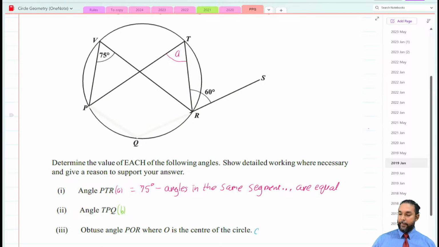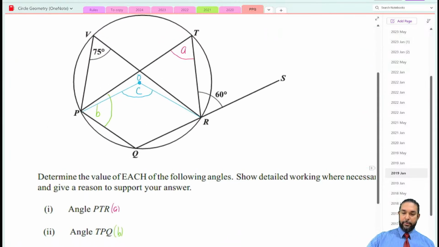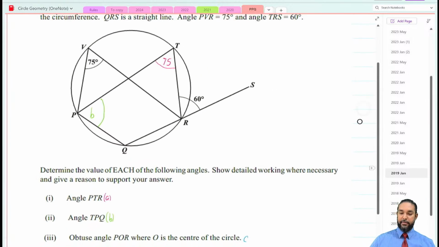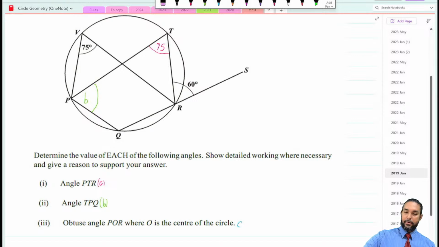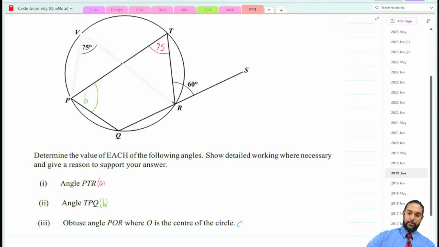Right. Okay. Let's go to the second page here, and we'll scroll. We'll zoom in here. All right. We'll replace this with 75. We'll take out this angle here. Right. So what we're looking for now is the green one, looking for angle B. Right, so if we block out some lines here, if we block that out, can we see the cyclic quadrilateral?